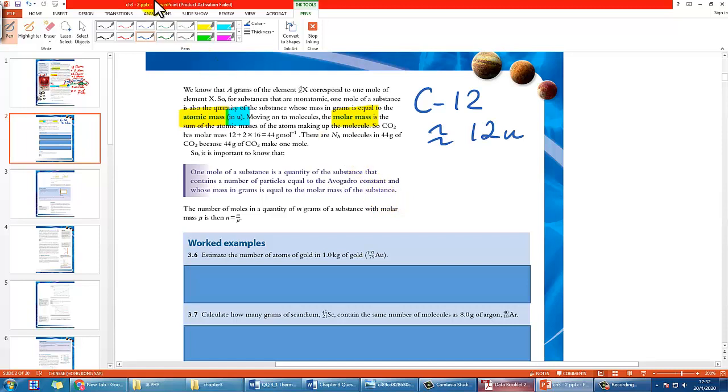The other thing that I think is more important is called the molar mass. Ask yourself, what is the unit of molar mass? If you study chemistry, you should know. The unit of molar mass, you may want to write down somewhere, is gram per mole, or you can say g mol^-1, like this.